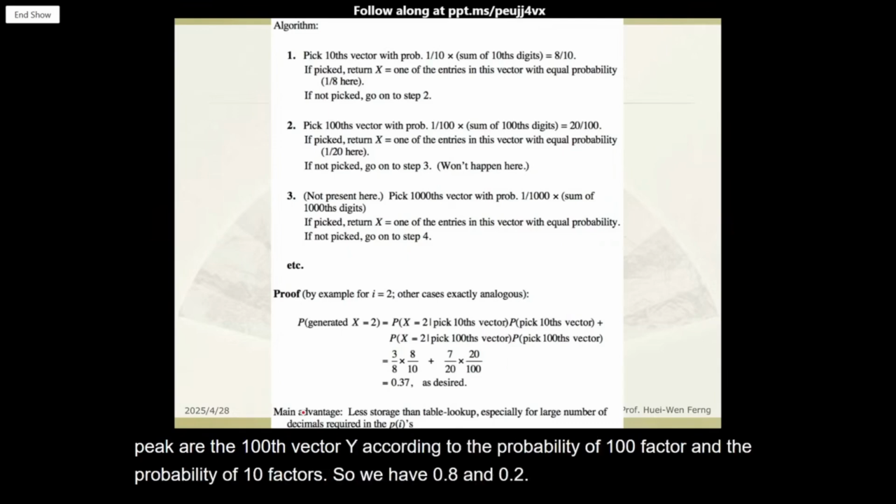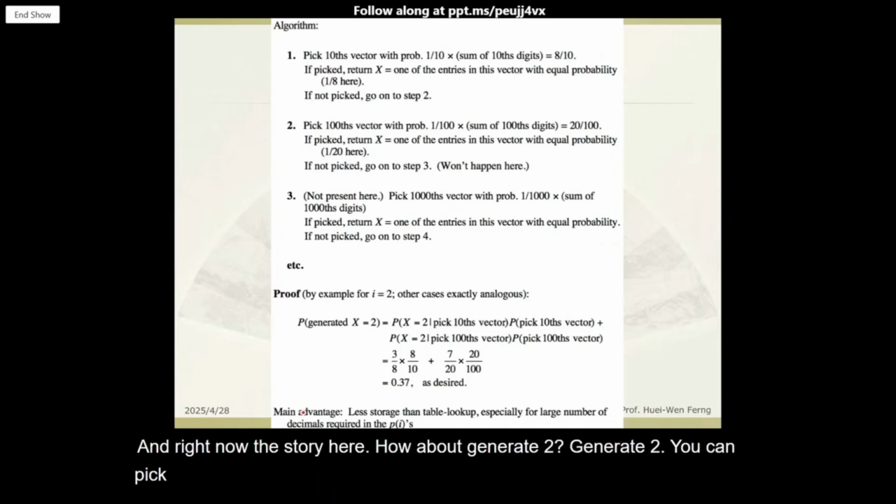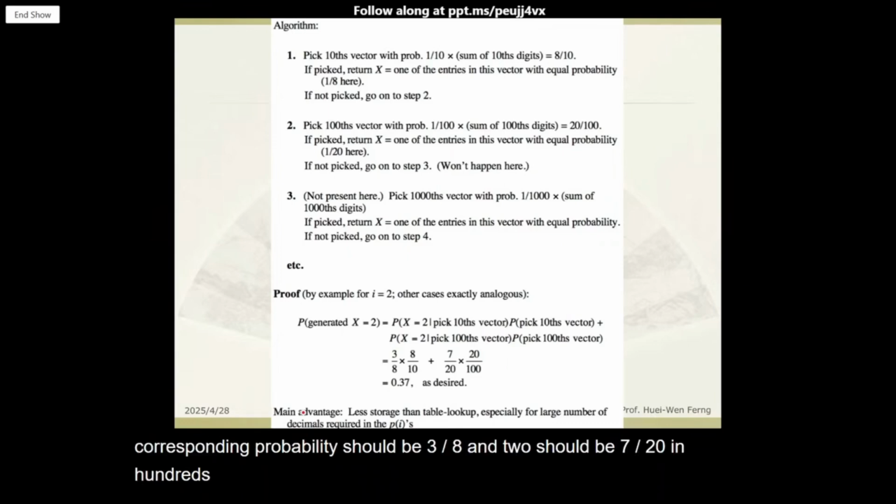And how about generating 2? You can pick the tens factor or the hundreds factor. If tens factor, the corresponding probability should be 3 over 8, and for 2 it should be 7 over 20 in the hundreds factor. And finally, the probability should be the original probability.